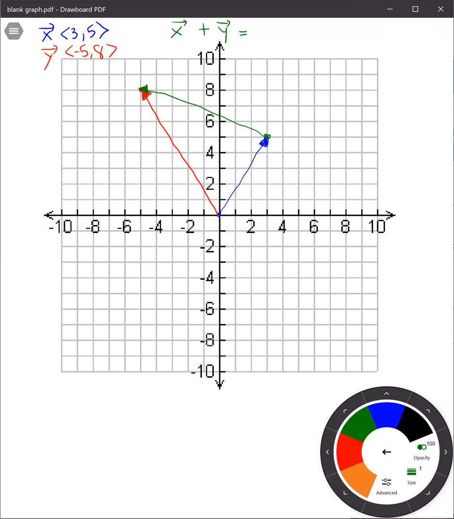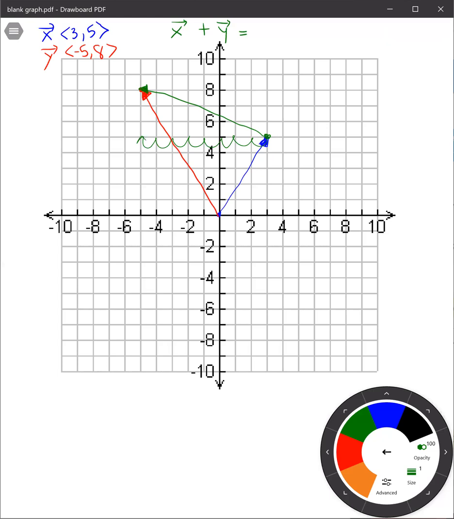So component form comes from x, y, right? And x means how many units you move to the right or the left from the initial point to the terminal point. And y means how many units you move up or down from the initial point to the terminal point. So from the initial point here, you go to the left 1, 2, 3, 4, 5, 6, 7, 8. 8 units.